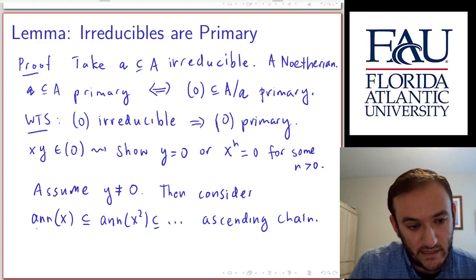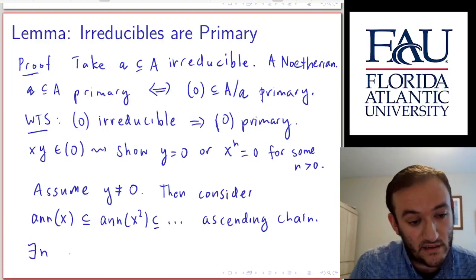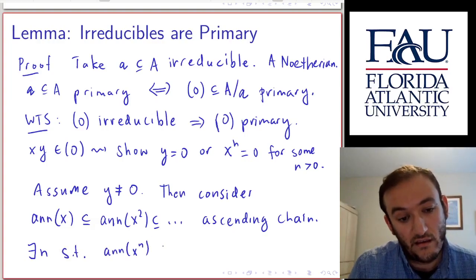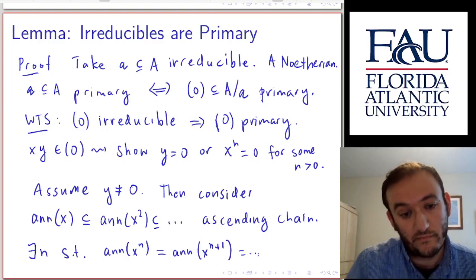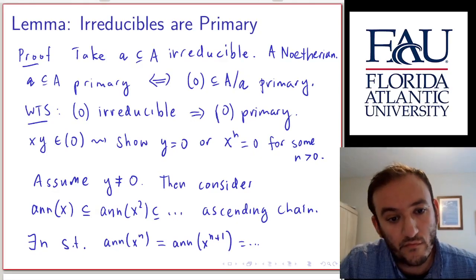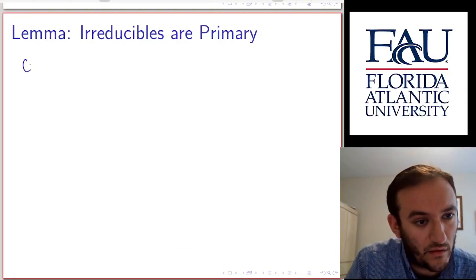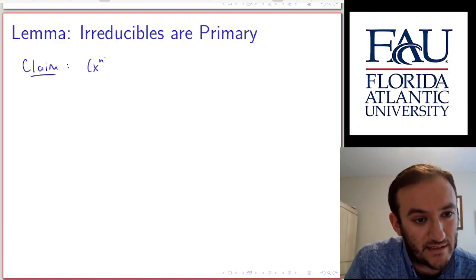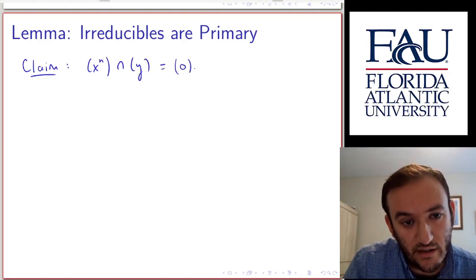So we're considering this ascending chain. So this is going to be stationary. So we'll have some n such that the annihilator of x to the n is equal to all subsequent annihilators, x to the n plus 1, etc. We claim that the intersection of x to the n and the ideal y is going to be the 0 ideal.